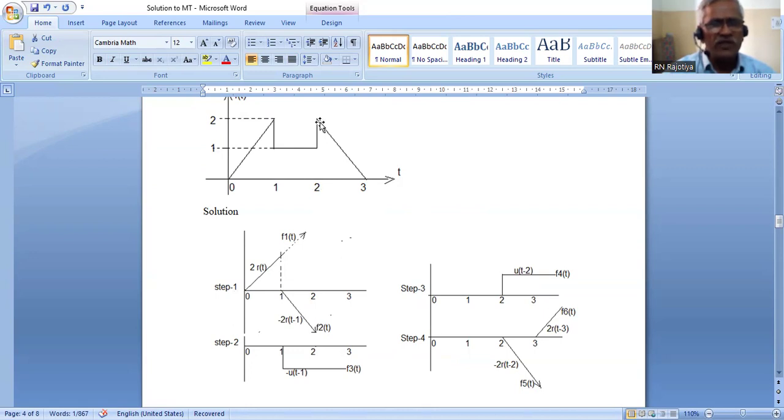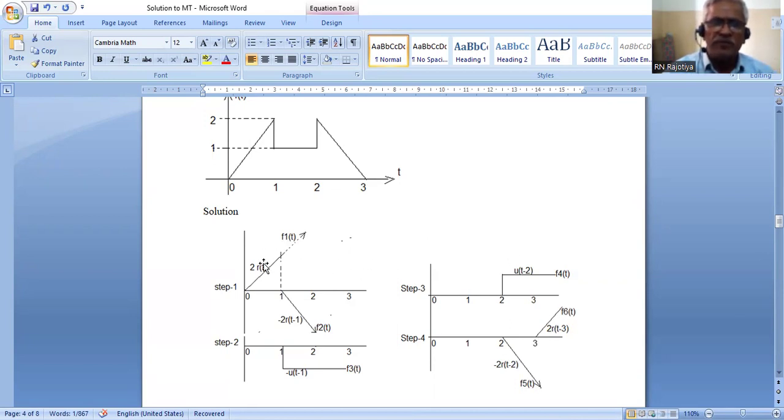But again, if you apply a positive unit step, this will continue to infinity. You need to stop this pulse and make it a falling ramp. So this falling ramp, as you can see here, you need to give at 2, and again at t equal to 3, you need to stop it going further. So I add a positive ramp to this.